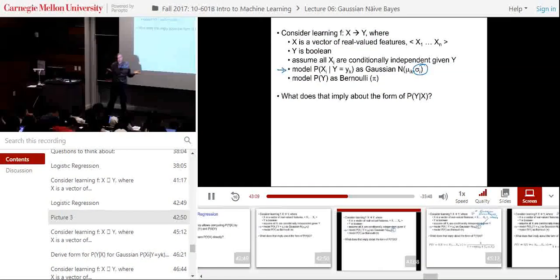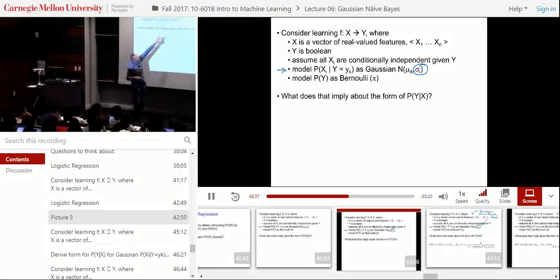Which again would be a reasonable assumption, for instance, in the brain imaging scenario, where, as I mentioned, most of the variance in the data we observe is due to noise of the fMRI scanner. And the fMRI scanner doesn't know or care whether you're thinking about tools or buildings or apple pie and machine learning. It's just going to give you the same noise distribution.